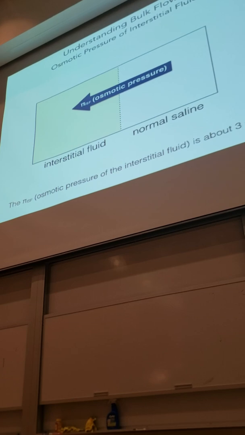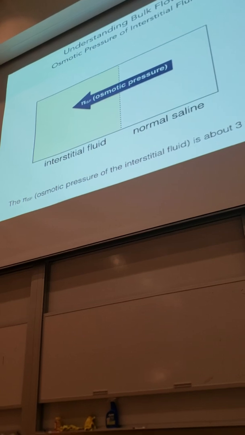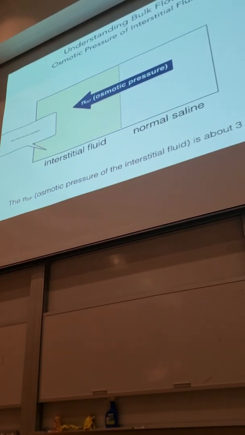What those ions are might be a little bit different, but normal saline is called normal saline because it's matched to this interstitial fluid. So there's no osmotic pressure here. If we want to be accurate, tiny, tiny amounts of proteins, but really not much.